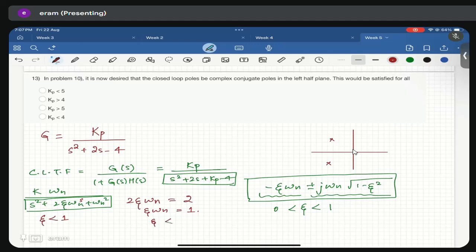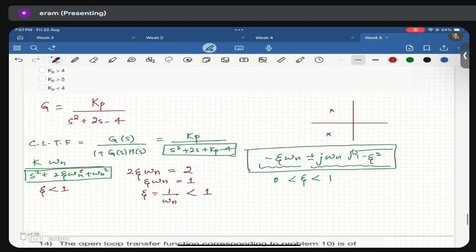So zeta is 1 by omega n, and we have to ensure zeta is less than 1, which means 1 by omega n should be less than 1. Now what is omega n here? Natural frequency. Here we have omega n square as Kp minus 4. So omega n square equals Kp minus 4. So omega n is root of Kp minus 4.